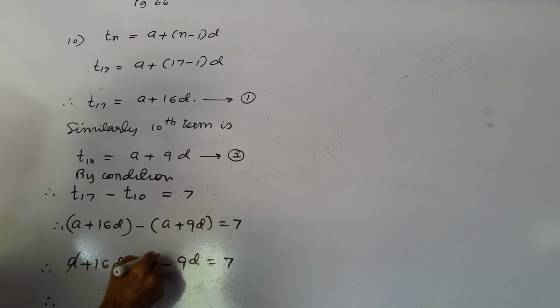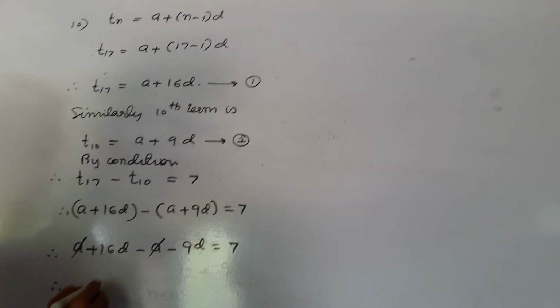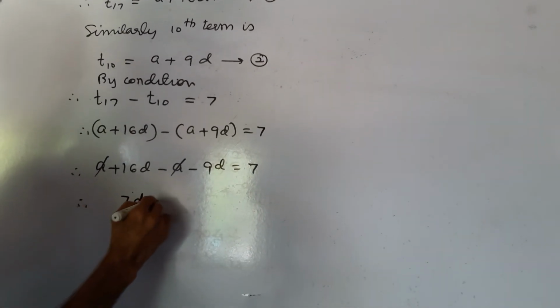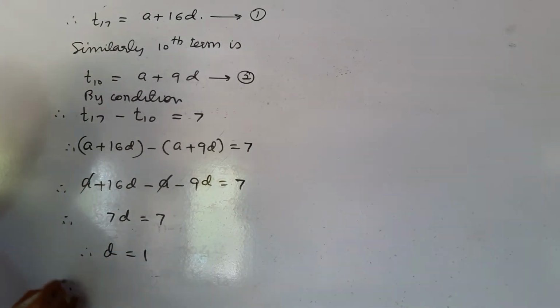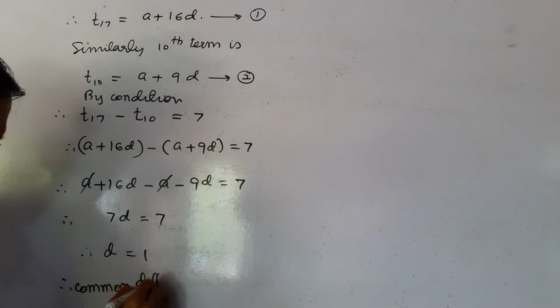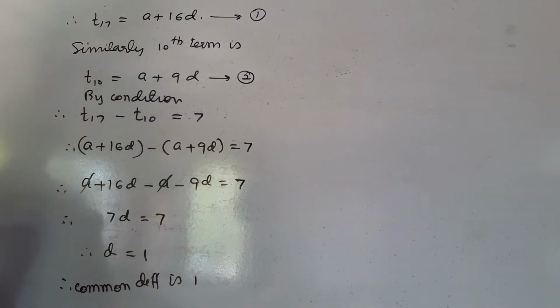The a's cancel, 16d minus 9d is 7d, equal to 7, and therefore d is equal to 1. Common difference is 1.